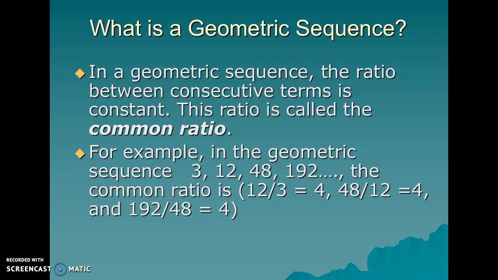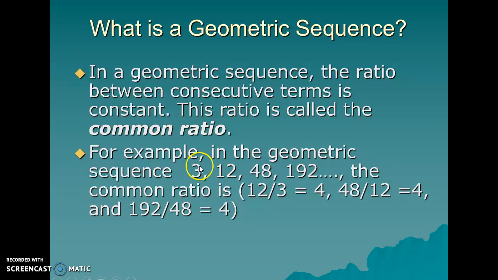For example, if we have the sequence 3, 12, 48, 192, the common ratio is 4, because 12 divided by 3 is equal to 4, the second number divided by the first number, or the third number divided by the second number, 48 divided by 12 is equal to 4, or the fourth number divided by the third number, 192 divided by 48 is equal to 4.